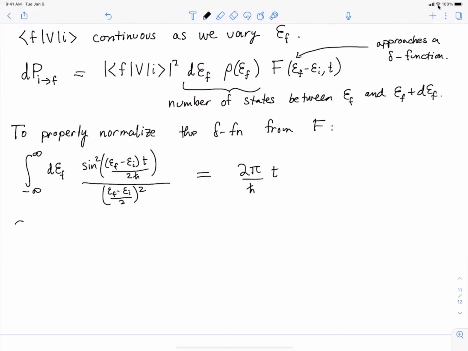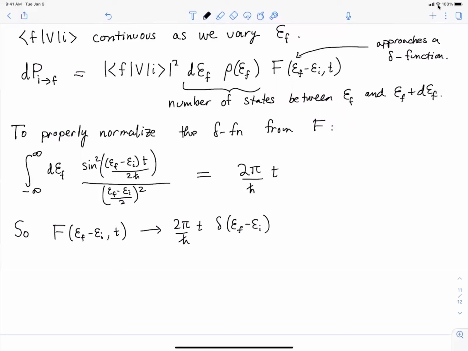And so what that's telling us is that when we see the function f, and we're going to take the large t limit, we can replace it by 2 pi over h bar t times the delta function in E_f minus E_i.